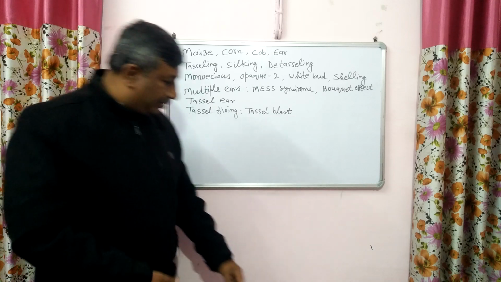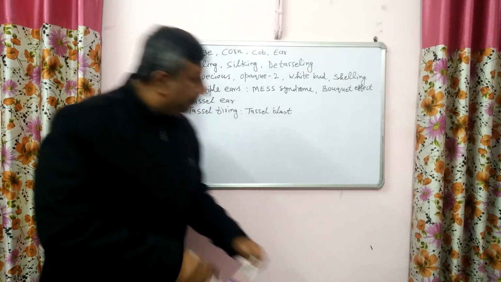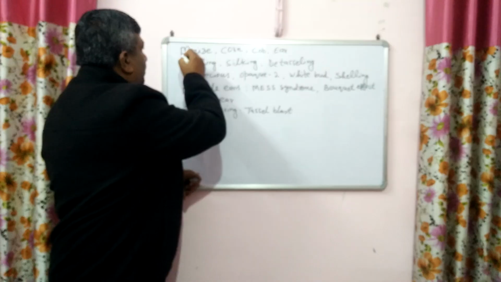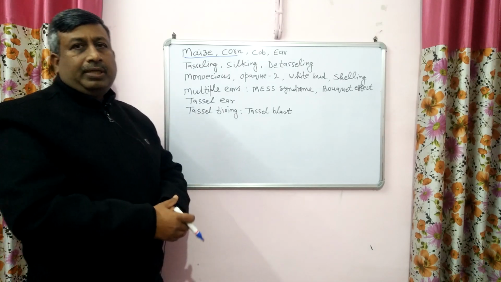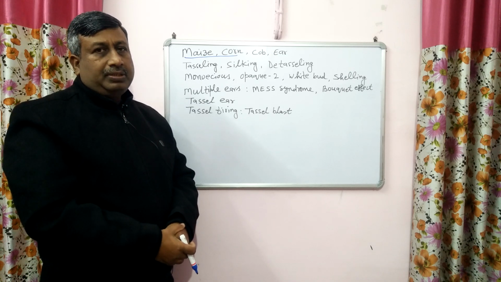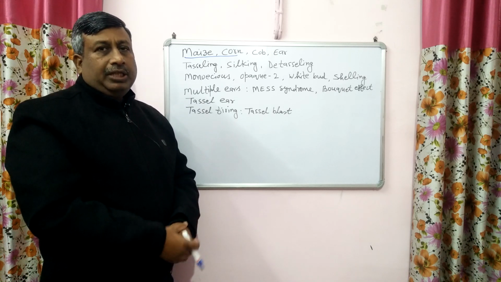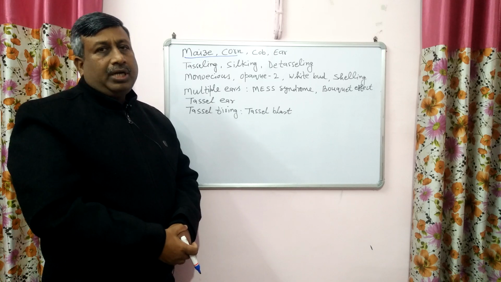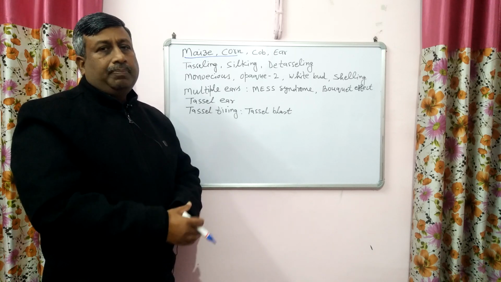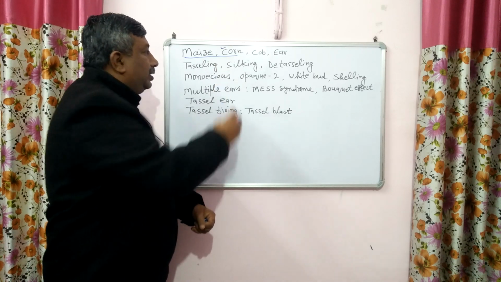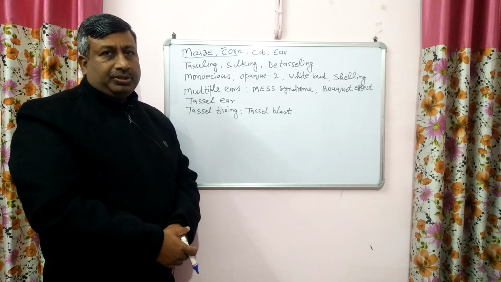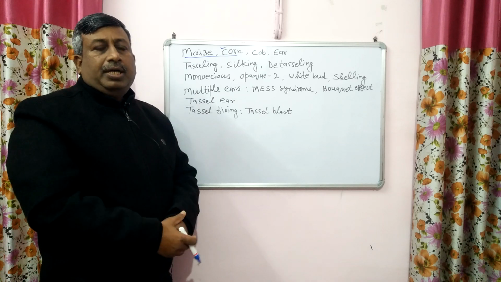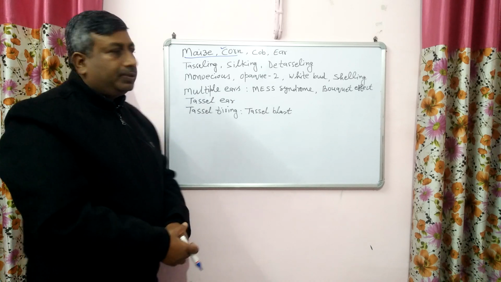So first, if we talk about maize, it is generally known as corn. So both maize and corn are synonymous, the meaning is the same. Actually, the word corn is related to any grain, but in the US, Canada and Australia, corn is specifically used for maize.